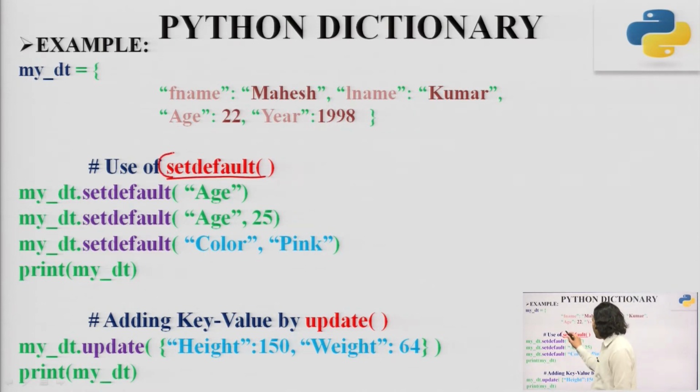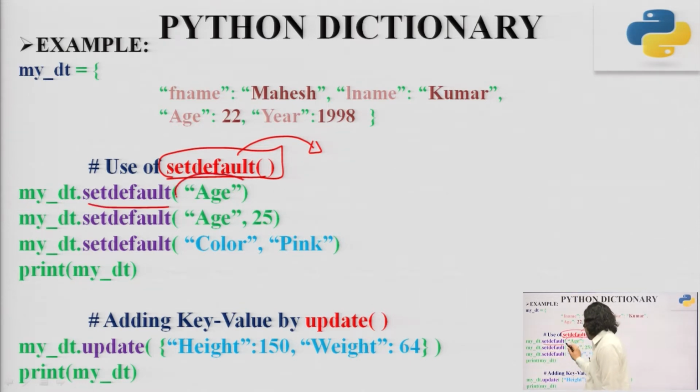The setdefault method is just like it sounds: whatever key elements we are referring to, we are going to set the values as default for those keys. It only works if the key element is not present in your variable. Look at the very first statement of setdefault.